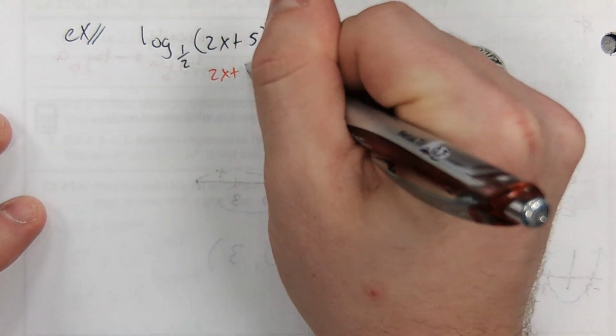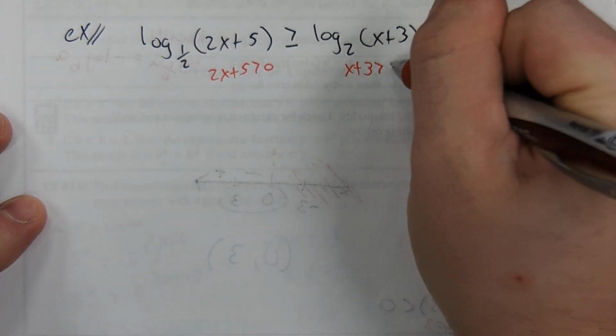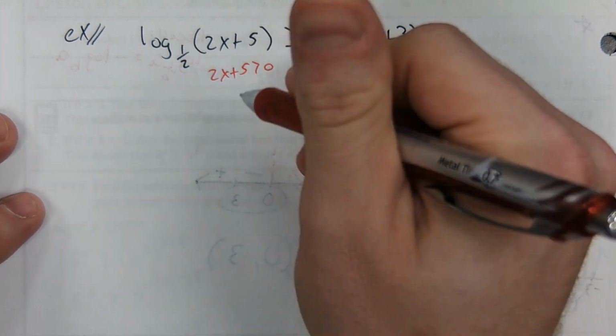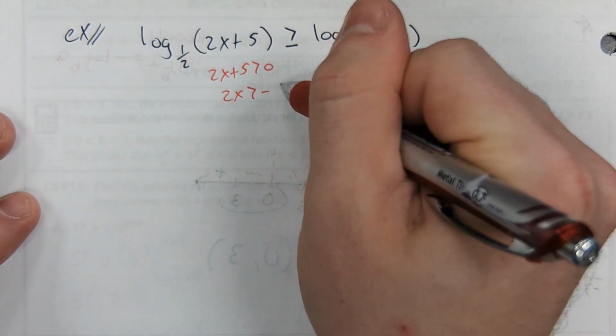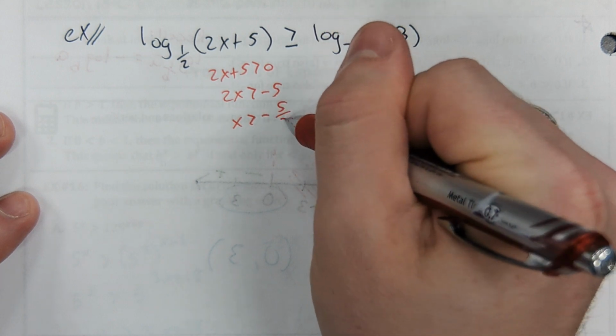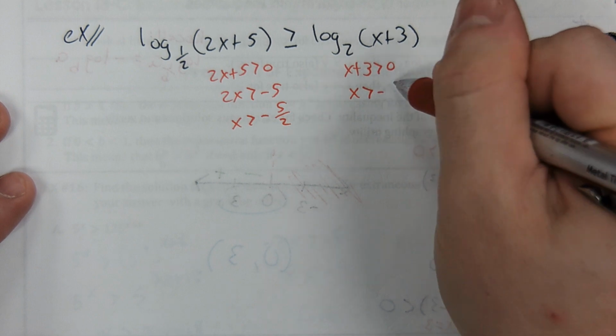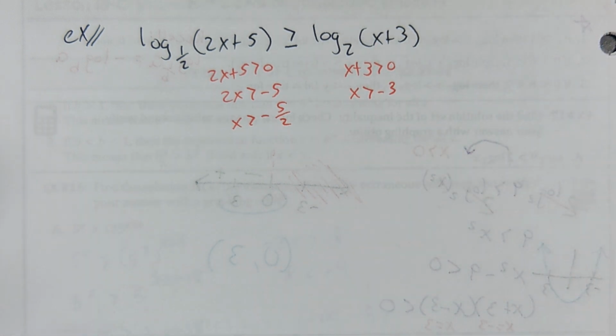We know that 2x plus 5 has to be positive, and we know x plus 3 has to be positive. Subtracting 5 and dividing by 2 gets us negative 2.5. Subtracting 3 gets us negative 3. The left domain or the right domain?